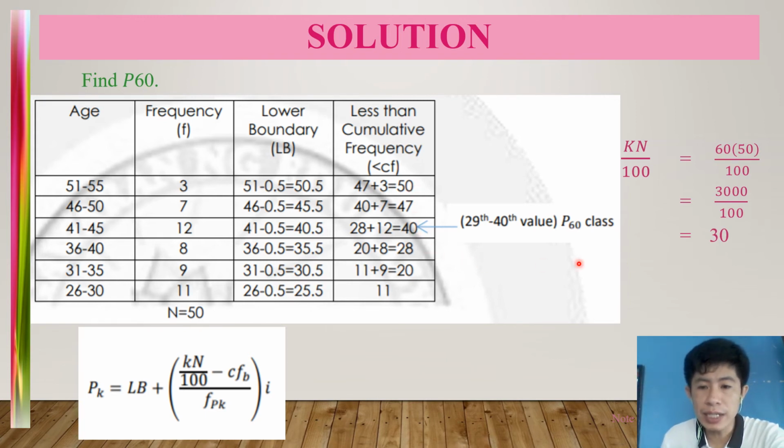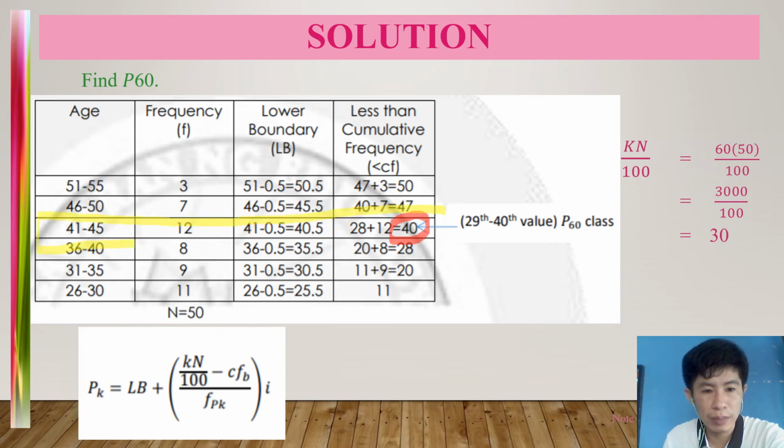So, since wala dyan na 30, kasi yan dyan is 28, so we will get 40. Okay, so we will just get 40 because 40 is higher than 30. And then, since we have 40 there, ayan, so we will encircle this part.